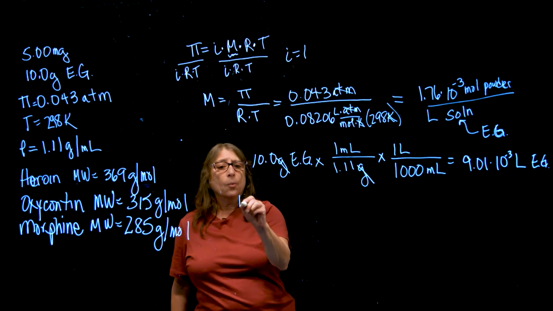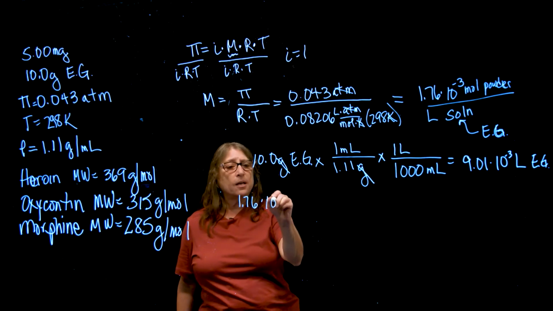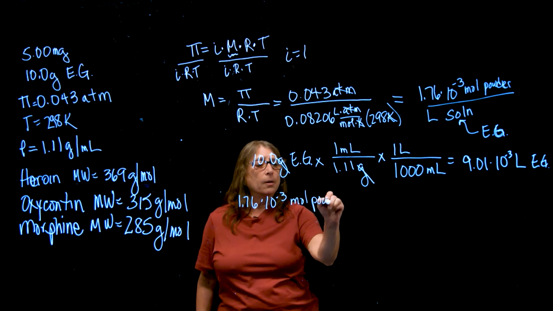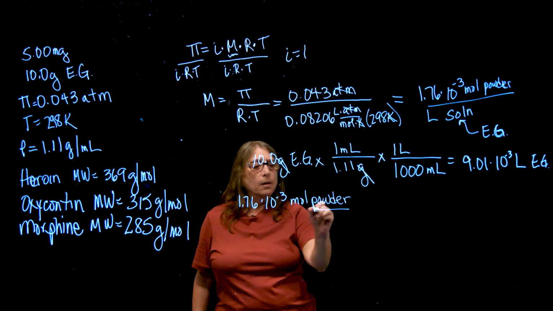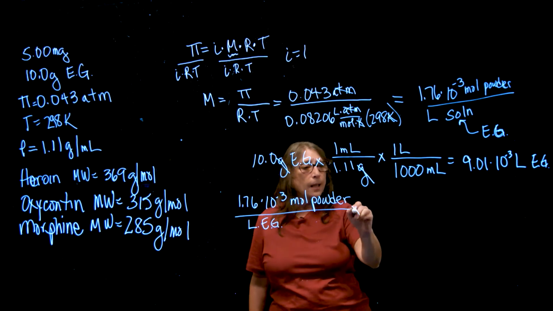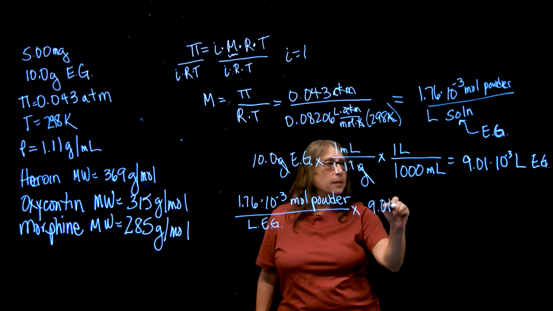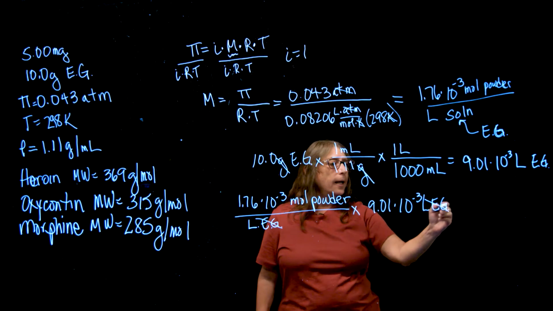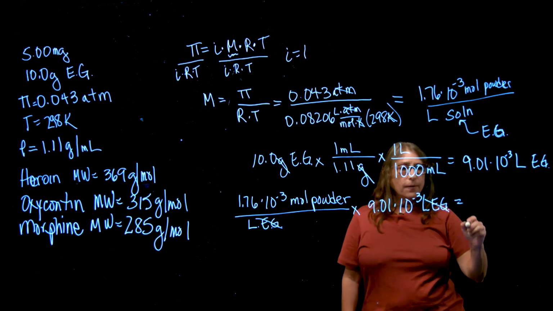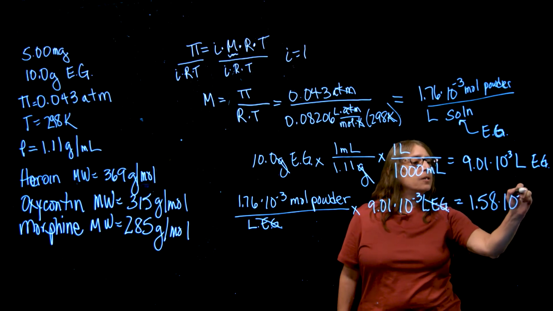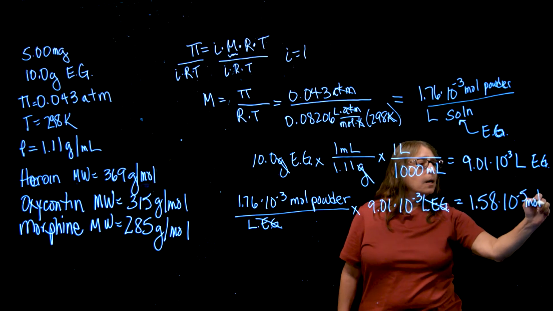And so I need 1.76 times 10 raised to the negative 3 moles of powder divided by liters of ethylene glycol times 9.01 times 10 raised to the power negative 3 liters of ethylene glycol. And I find out that I have 1.58 times 10 to the minus 5 moles of the powder.